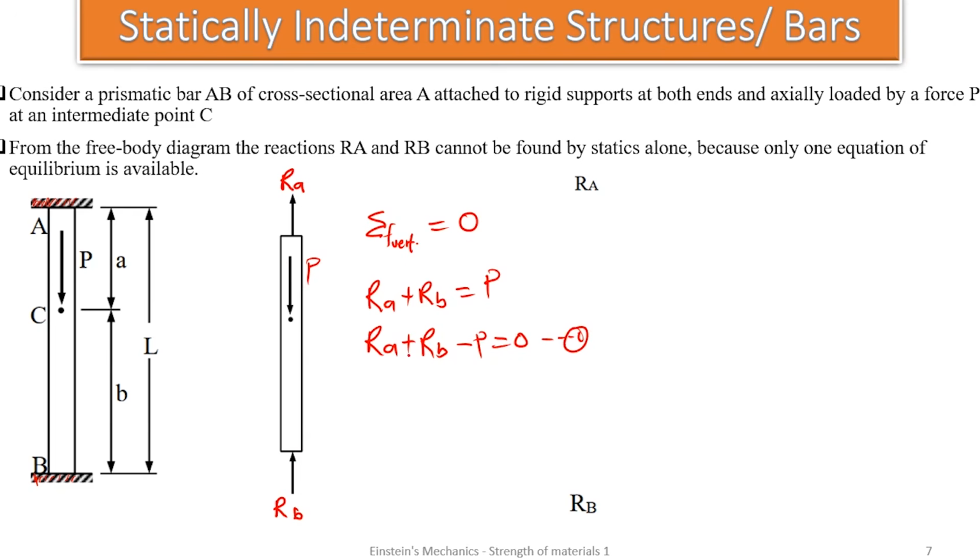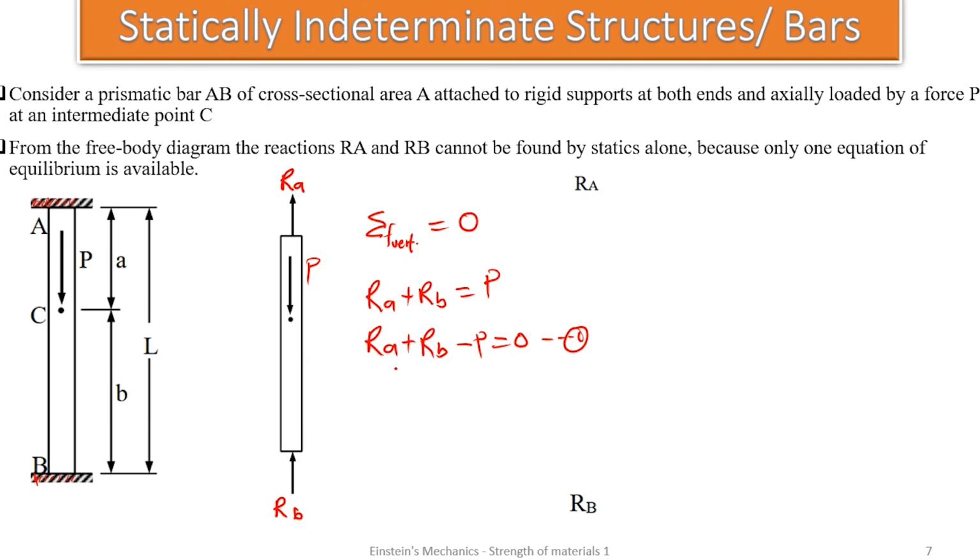Here we can see two unknowns, RA and RB, but one equation, which makes it impossible for us to find the reactions. What do we do here? We have to find a way of getting another equation that we can solve for the two unknowns.